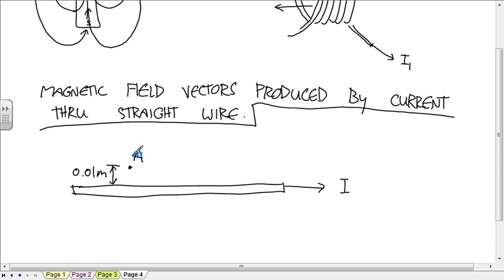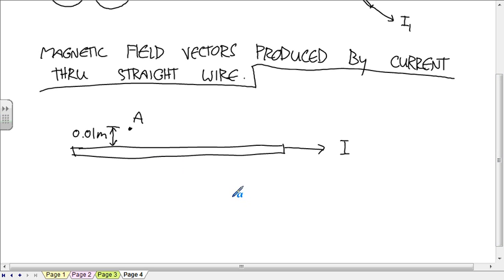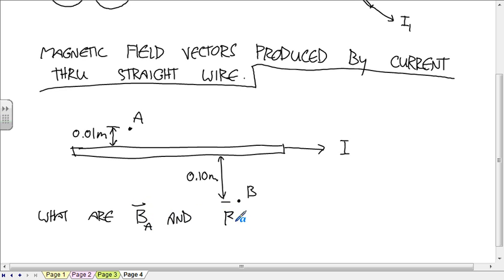Say that's point A. And then let's say we want to calculate the magnetic field vector at another point, B, that's farther away. Let's say that that's 0.10 meters away. So what are the magnetic field vectors at A and B?